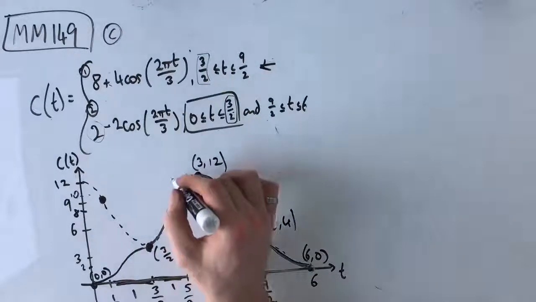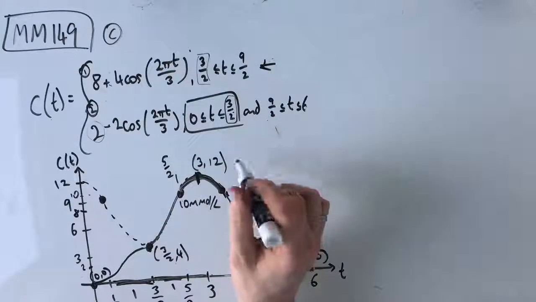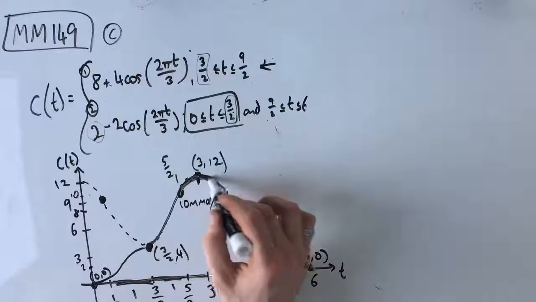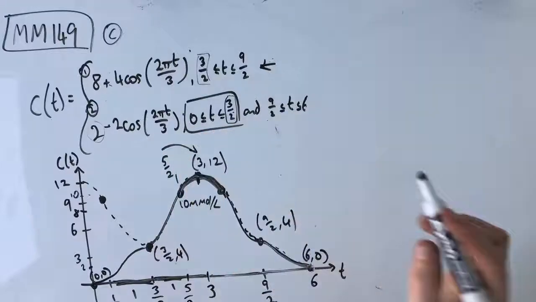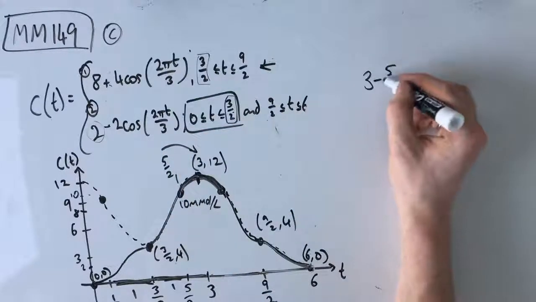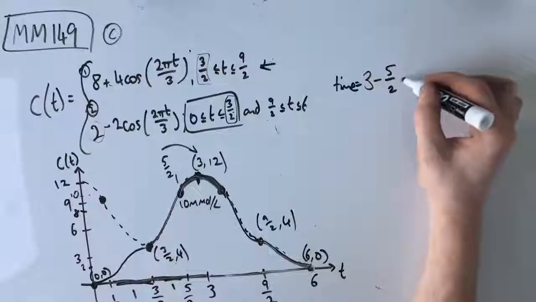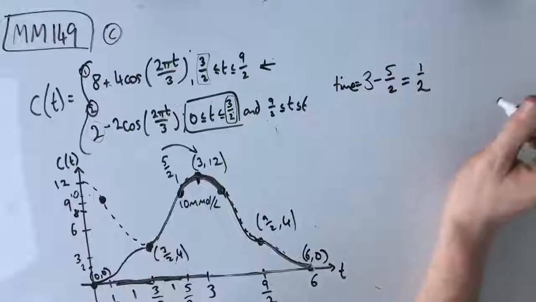So if this bit here is equal to 5 on 2 and the maximum occurs at 3, that means that from here to here is the same distance or the same time as from here to here, okay? Which means that from 5 on 2 to 3 is 3 minus 5 on 2, which is equal to 1/2, right? 3 take 2.5 is 1/2.